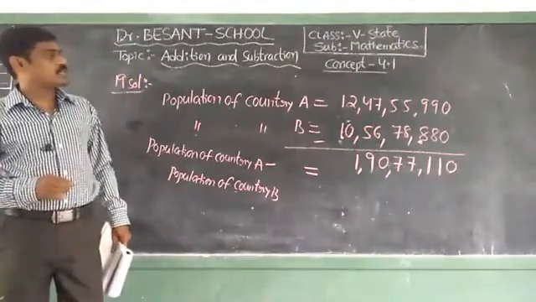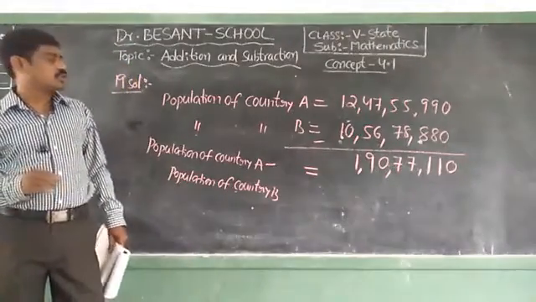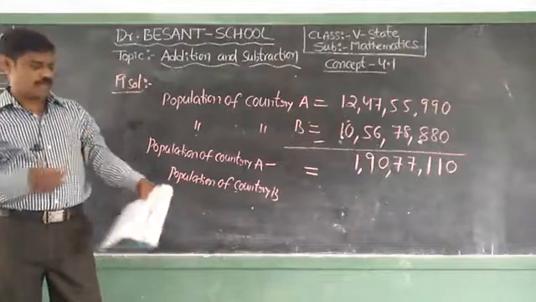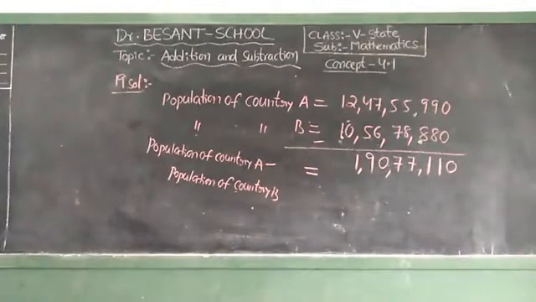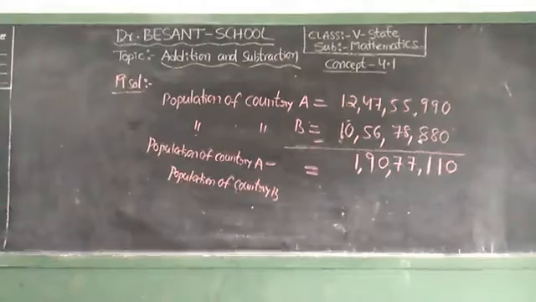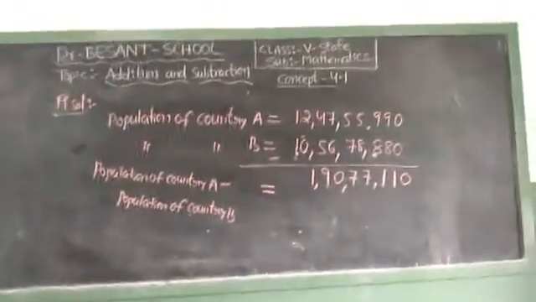Okay children, this is my today's class. I hope you understood very well. Okay, next I will give the homework now. Children, the last conclusion, this one you have to write.